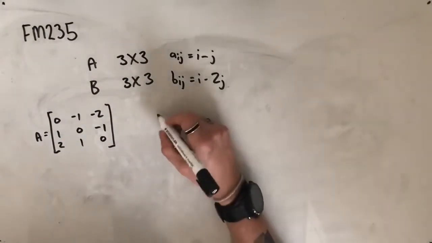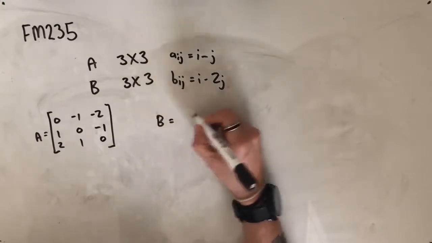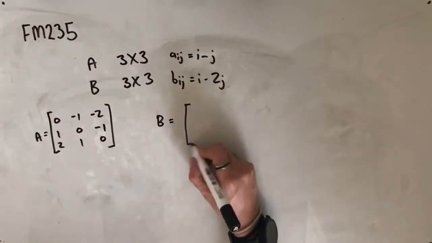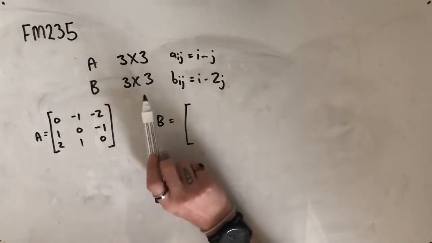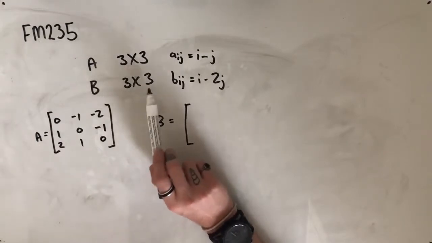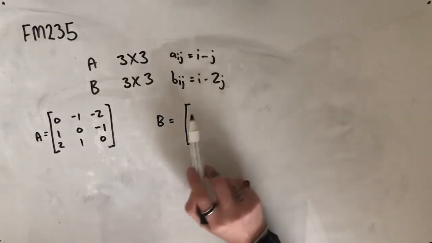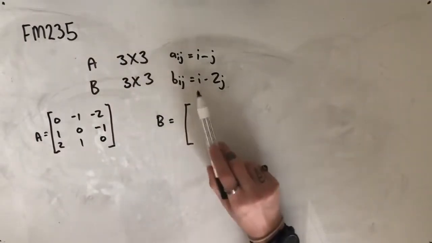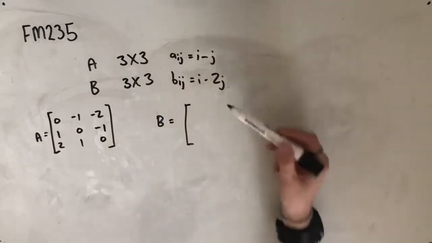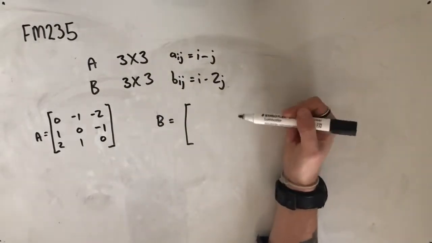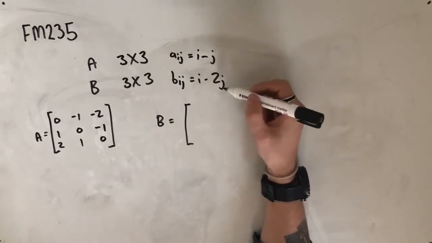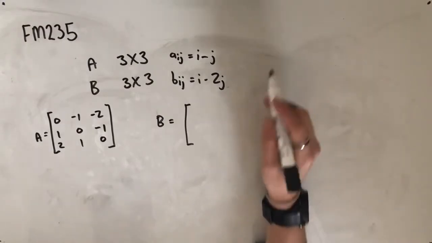Let's look at matrix B. Once again, we have a 3 by 3 matrix, and the elements in this matrix are defined by the rule Bij equals i minus 2j. So very similar with a slight difference. We're going to be doubling that column value.